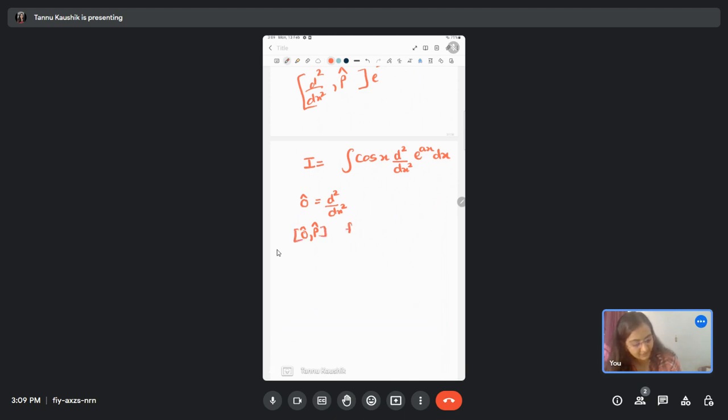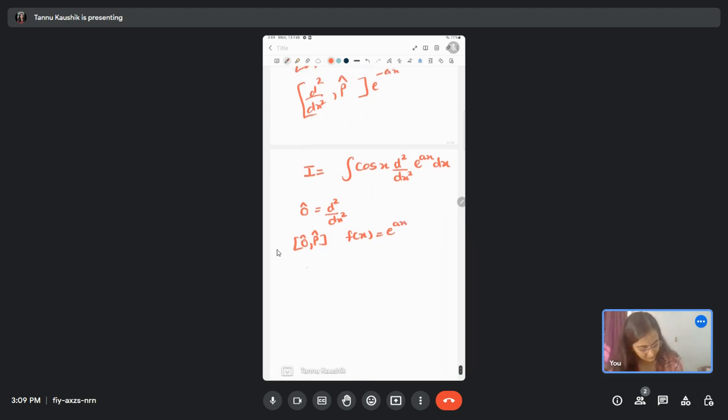So if you check this operator, d square by dx square, and we are taking the function as e raised to ax.